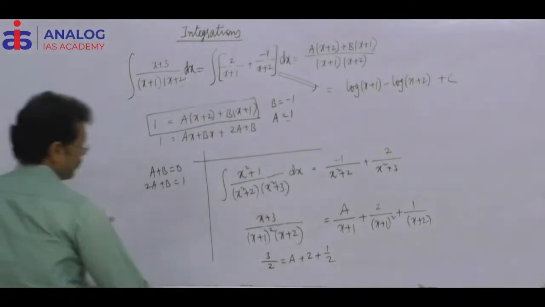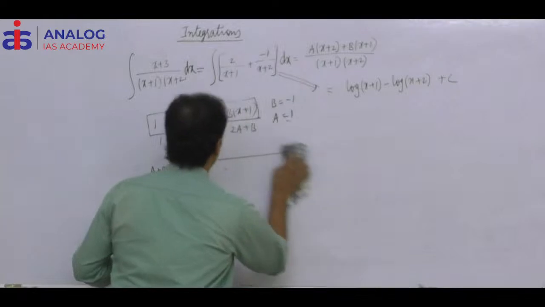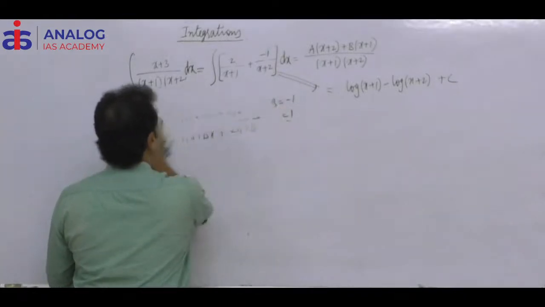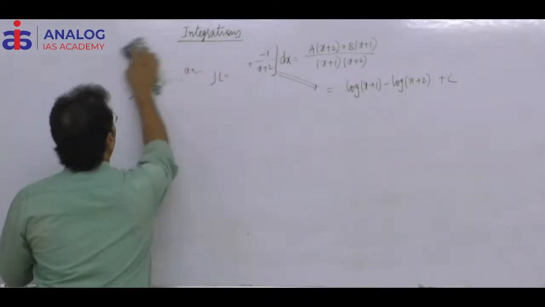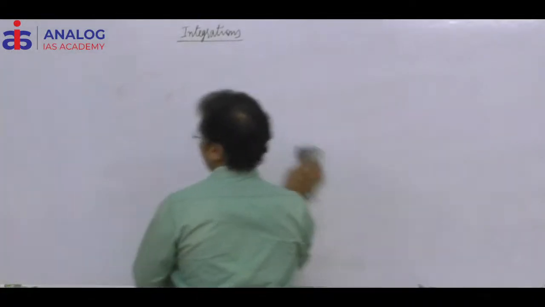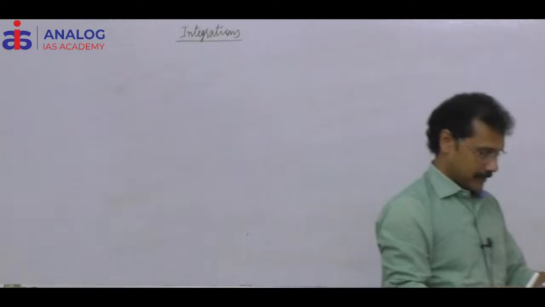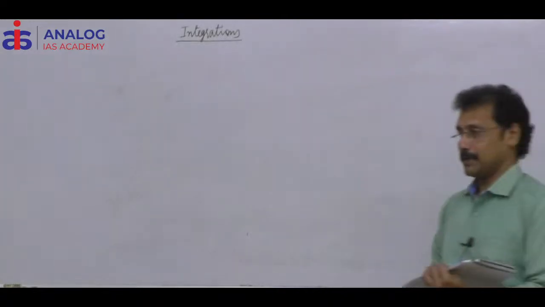Some more varieties of partial fractions you can find in the handout which I am going to provide to you. And one last variety we'll discuss, because that is something that would definitely come in your questions.